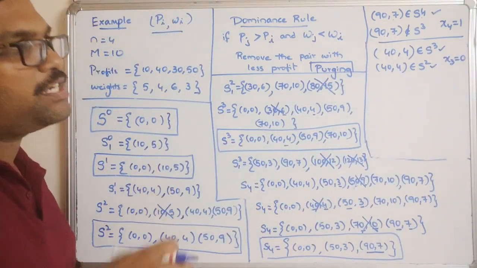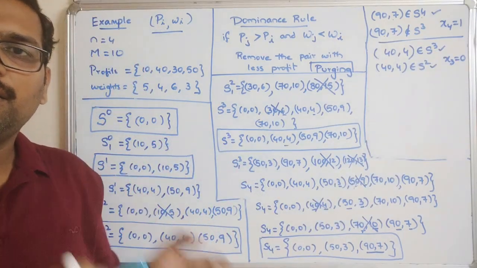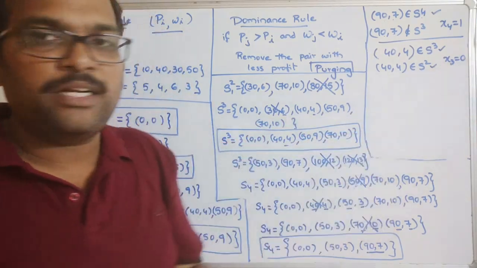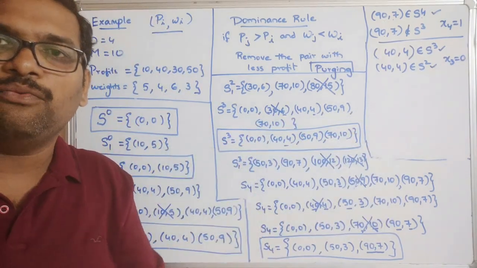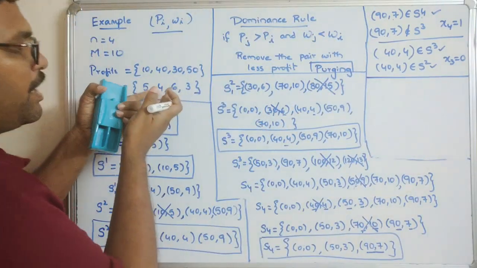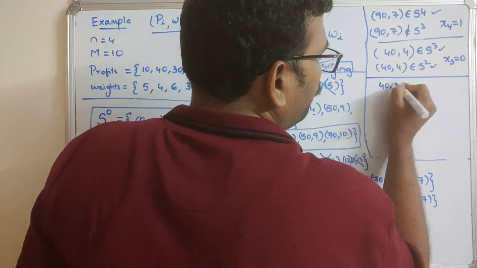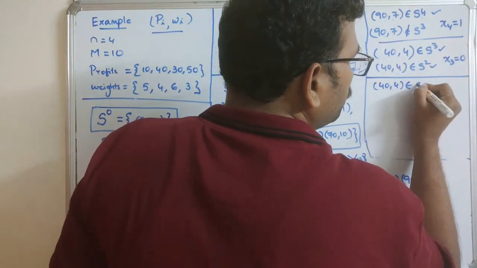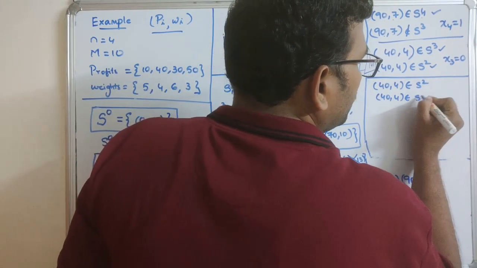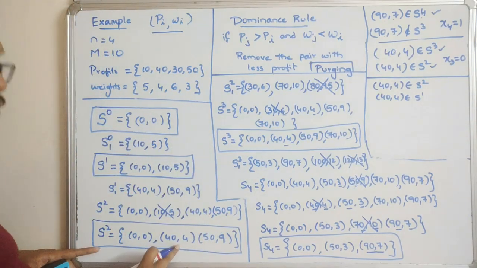In our first discussions, we said that 1 represents moving the weight into the sack, and 0 represents not moving the weight into the sack. So we need not remove the third element here. Simply continue with the same thing. 40 comma 4 belongs to S2, and 40 comma 4 belongs to S1. In S2, 40 comma 4 is available.